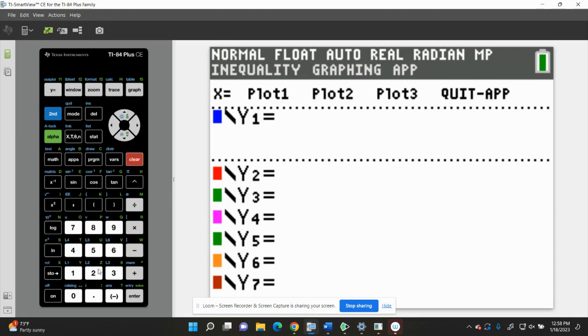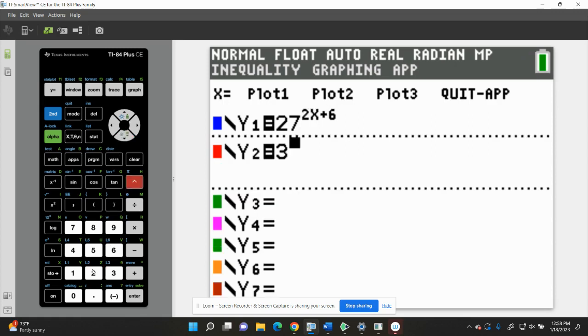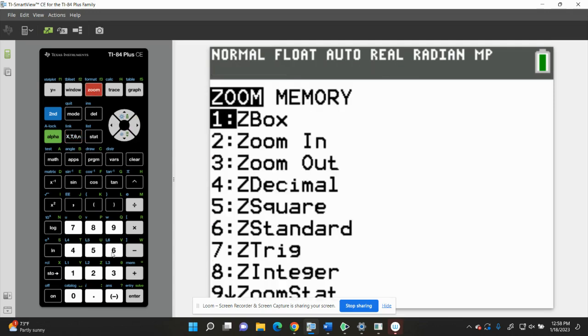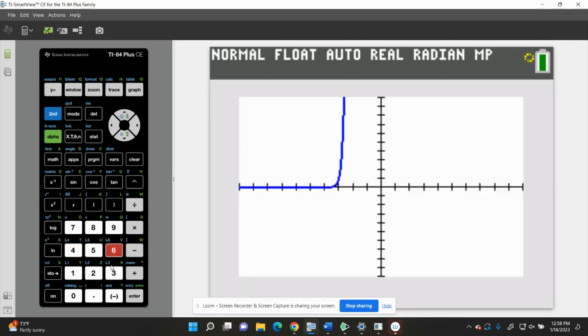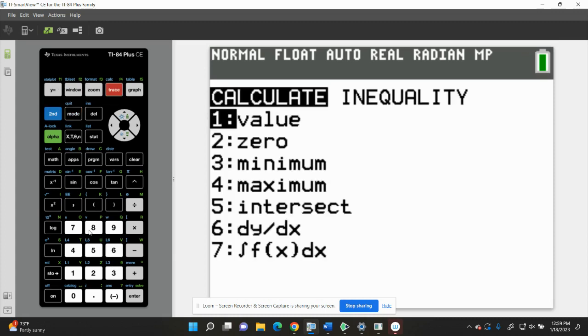Okay, so this was 27 to the power of 2x plus 6. Right, and the other side is 3 to the power of 2x. Okay, and we're going to zoom on a standard window. And we're going to calculate where it intersects, and that's really hard to look at. So let's, sorry, we're going to do a calculate intersect.